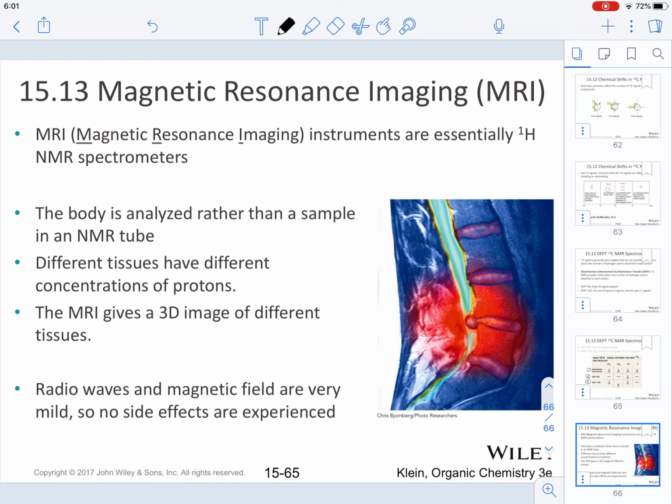Understand that the different tissues, because they have different concentrations of protons, are going to be illustrated in the images, and the MRI overall gives us a 3D image of different tissues. The radio waves and magnetic fields are very mild, so there are no side effects experienced by the person.